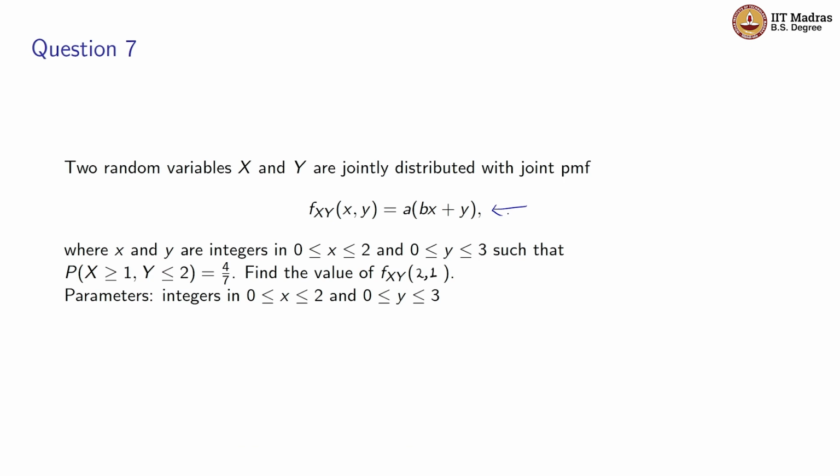And we have to find the joint probability that X is equal to 2 and Y is equal to 1. In this question, the range of X is integer values from 0 to 2, and the range of Y is integer values from 0 to 3, that is 0, 1, 2 and 3.